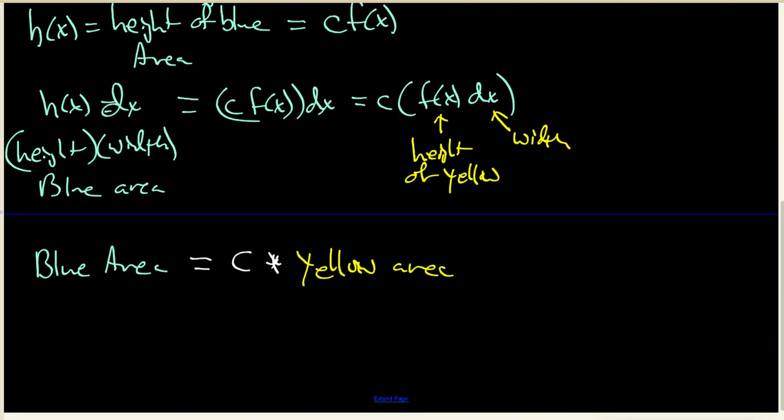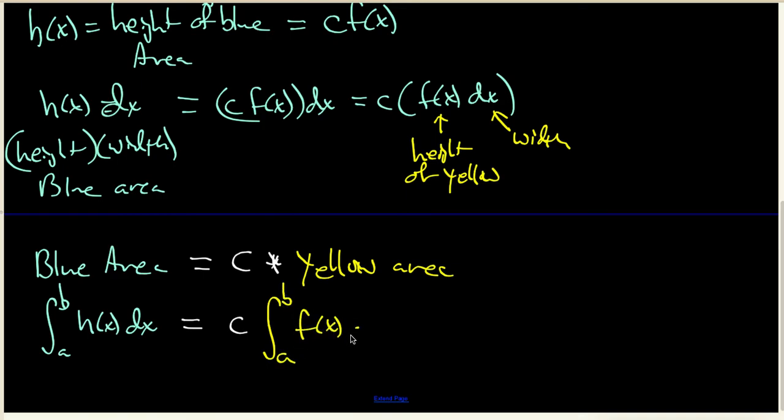So we remember that the blue area was nothing more than the integral between a and b of h of x dx. And that yellow area was nothing more than the integral between a and b of f of x dx. And the final thing that we need to do is recall that h of x was equal to c times f of x.